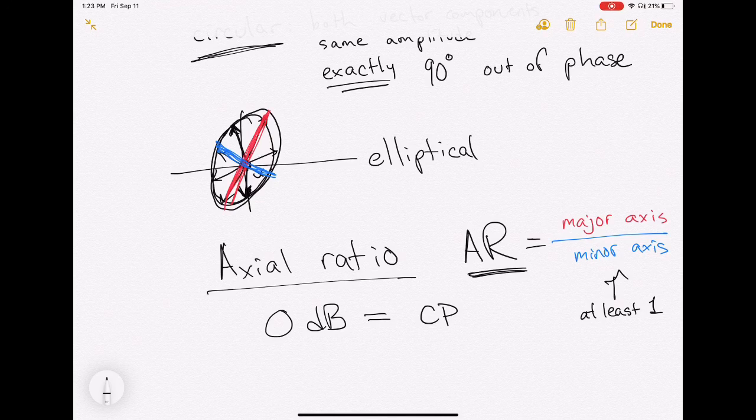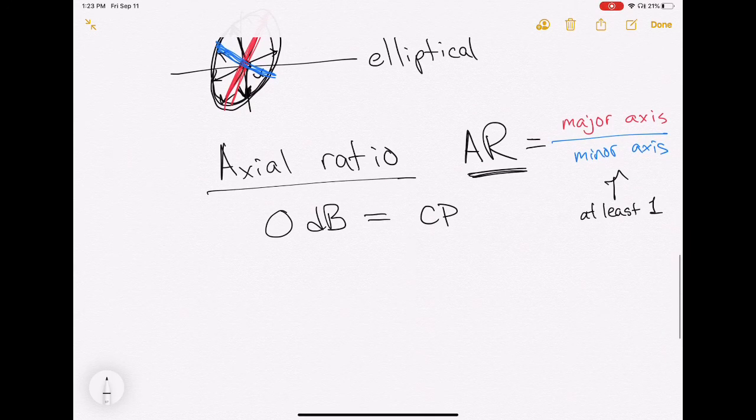Why does this matter? Let's talk about polarization loss factor. The polarization loss factor, which most books call polarization efficiency, but this one defines something else for polarization efficiency. I think it's silly, but we'll call that.